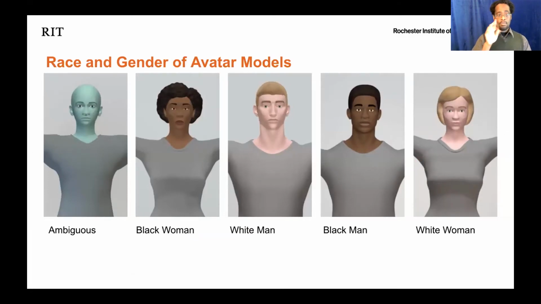Now you can see there are 5 different avatar characters. You can see on the slide, one is the blue, blue-greenish person, who has no race identifiers and no gender identifiers. It is an ambiguous avatar. So we want to focus on signing only. That's a control. Then you can see the other 4, they'll be signing the same, but we changed the looks of them.